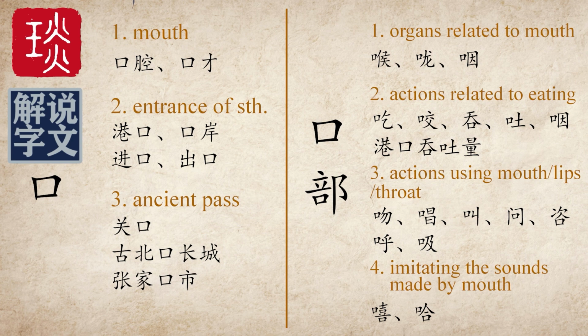Characters related to actions using mouth, lips, or throat: 吻, 唱, 叫, 问, 咨, 呼, 吸. Characters imitating the sound made by mouth: 嘻, 哈. There are other characters with 口 as radical, but most of them will fall in these 4 categories.